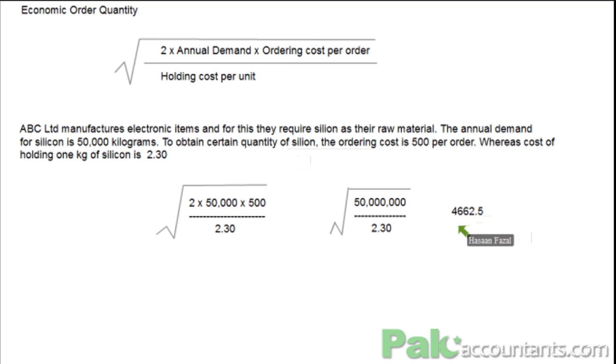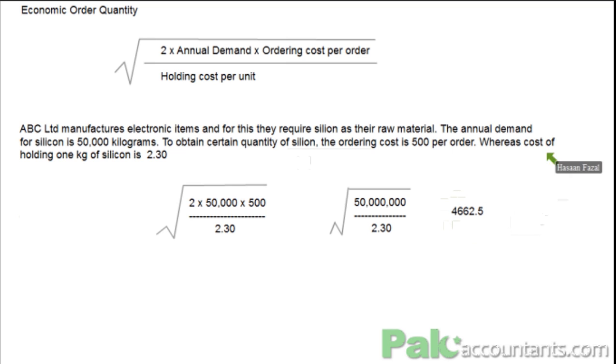What it means is that you will be ordering 4,662 kgs and then half a kg above it. Now, this technique says that your ordering and holding cost will be at its lowest if you place this much order every time.